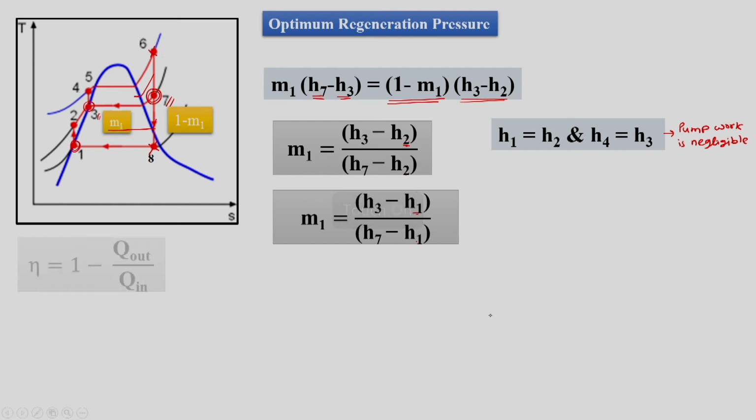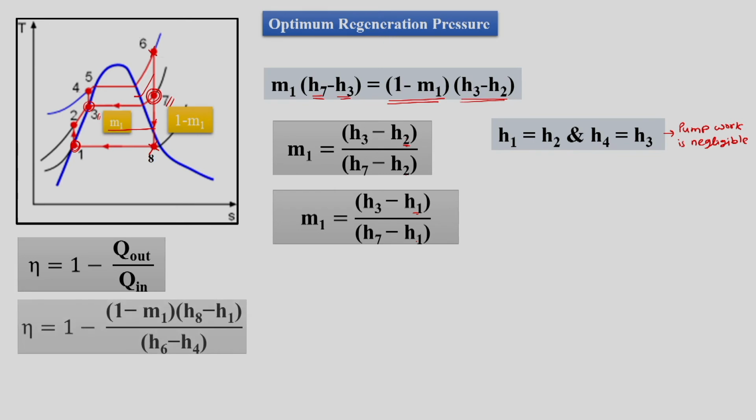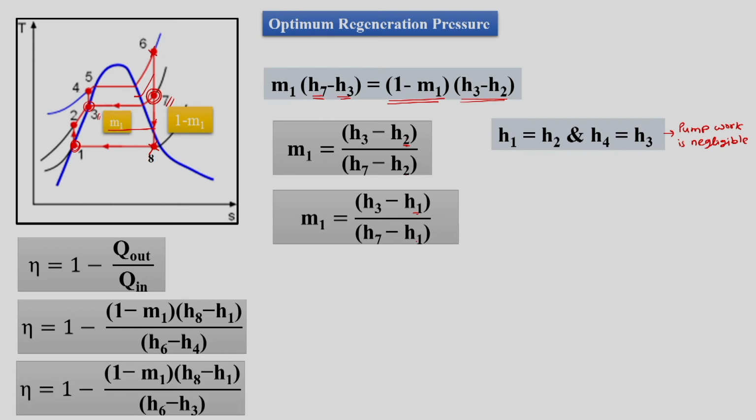This is what M1 is. Now, efficiency is equal to 1 minus Q out upon Q in, where Q out is 1 minus M1 into H8 minus H1, divided by H6 minus H4, that is Q in. Since H4 is equal to H3, the numerator remains the same, 1 minus M1 into H8 minus H1, but the denominator now will be H6 minus H3.